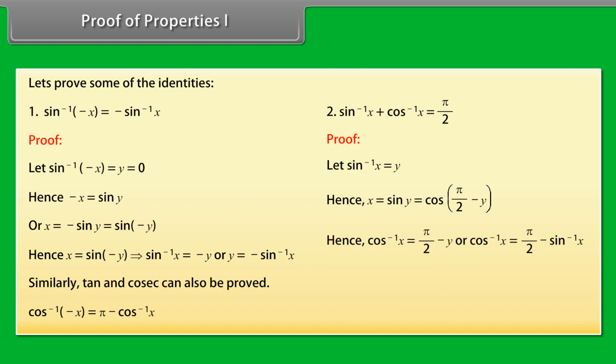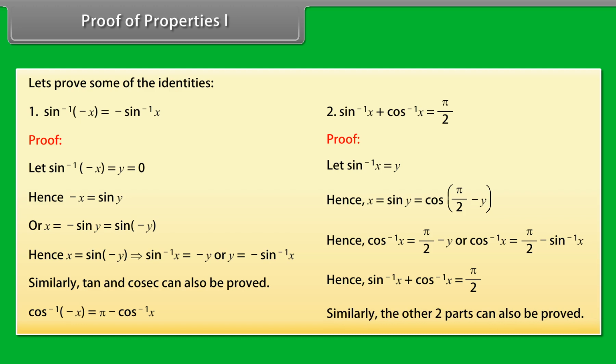Hence, cos inverse x is equal to pi by 2 minus y, or cos inverse x is equal to pi by 2 minus sine inverse x. Hence, sine inverse x plus cos inverse x is equal to pi by 2. Similarly, the other two parts can also be proved.